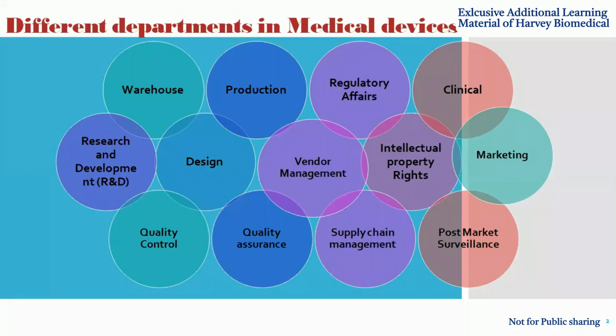They are developing back-end coding and a front page, and submitting it to the client. But there is no clinical. But research, design, vendor management will be there even in software. Maybe some people don't know intellectual property rights.